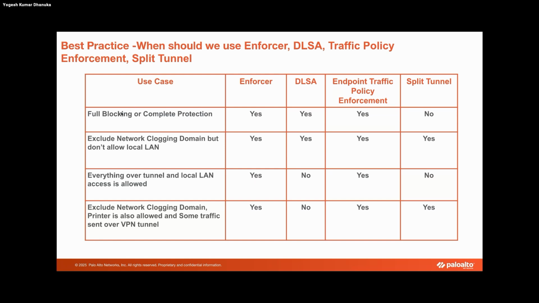For example, if the high level requirement of the organization is to fully block or not allow any outside connection and maximum level of protection, then all of the features should be turned on except split tunnel. The caveat here is that if the split tunnel is not allowed, it can, in some cases, cause high network congestion.